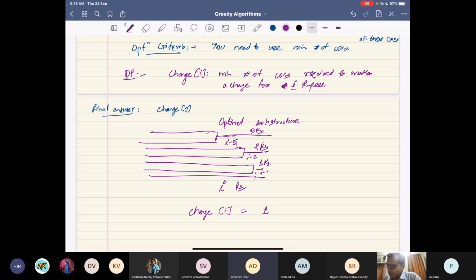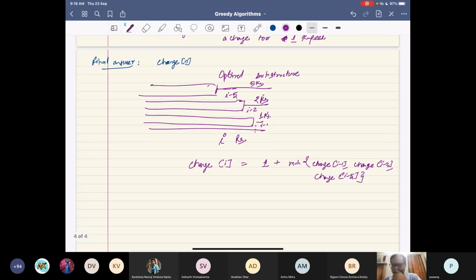I need 1 coin in all three cases, 1 rupee, 2 rupee, 5 rupee, plus I will take the minimum of change of i minus 1, change of i minus 2, change of i minus 5. That is your recursive structure.